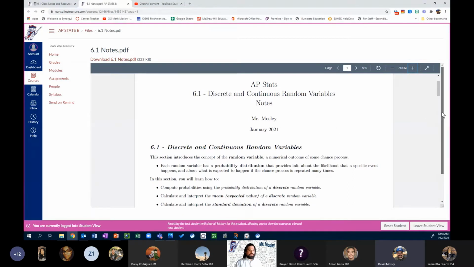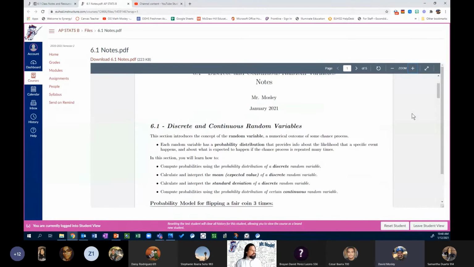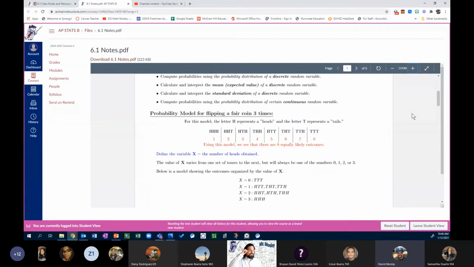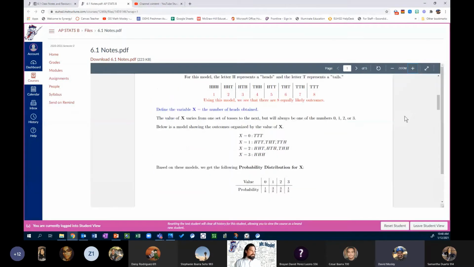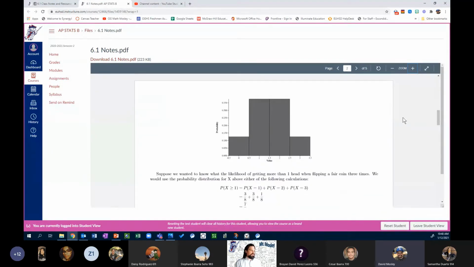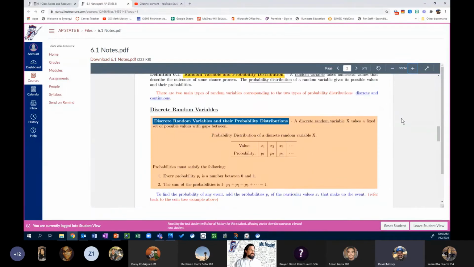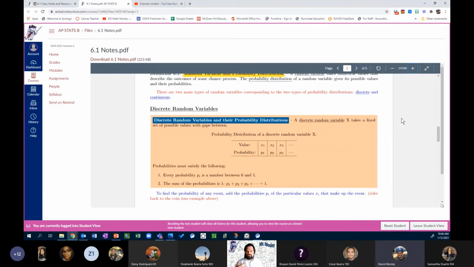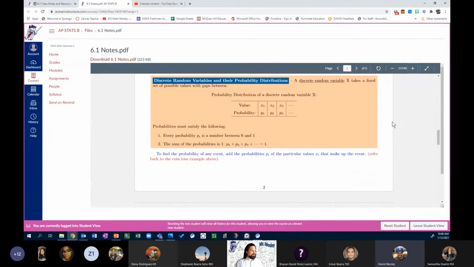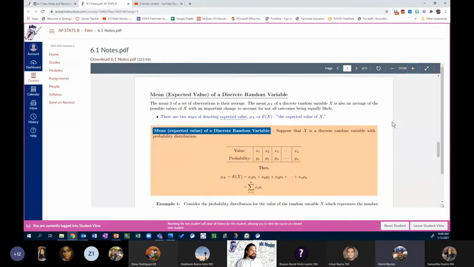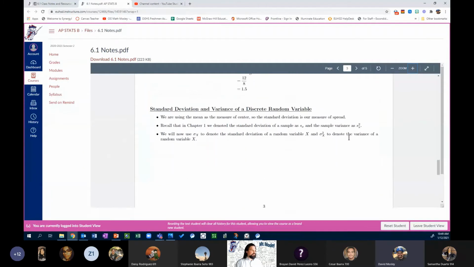This covers everything we're going to do in section 6.1. It has definitions, examples, formulas, right? Hopefully it helps, gives you another way of looking at and digesting the content, right? So we got a lot of good stuff in here.